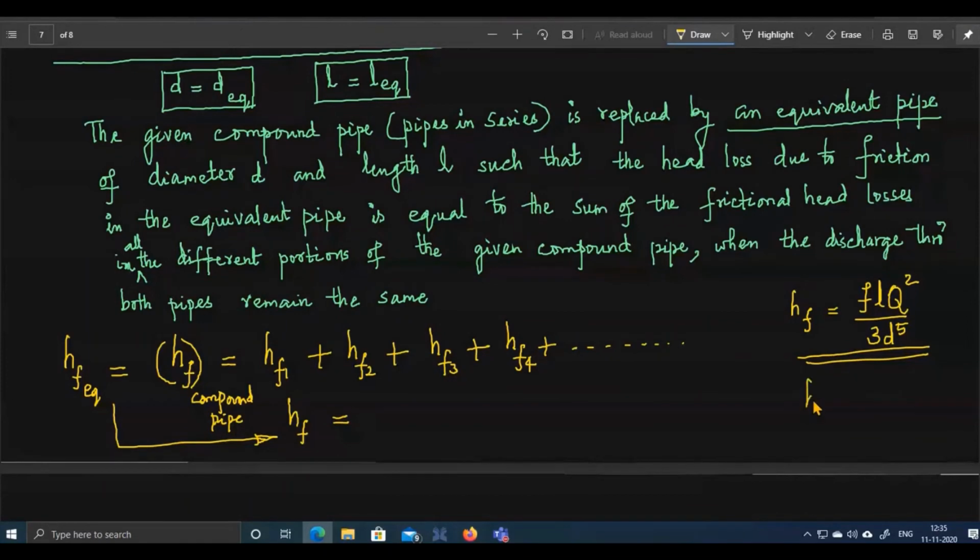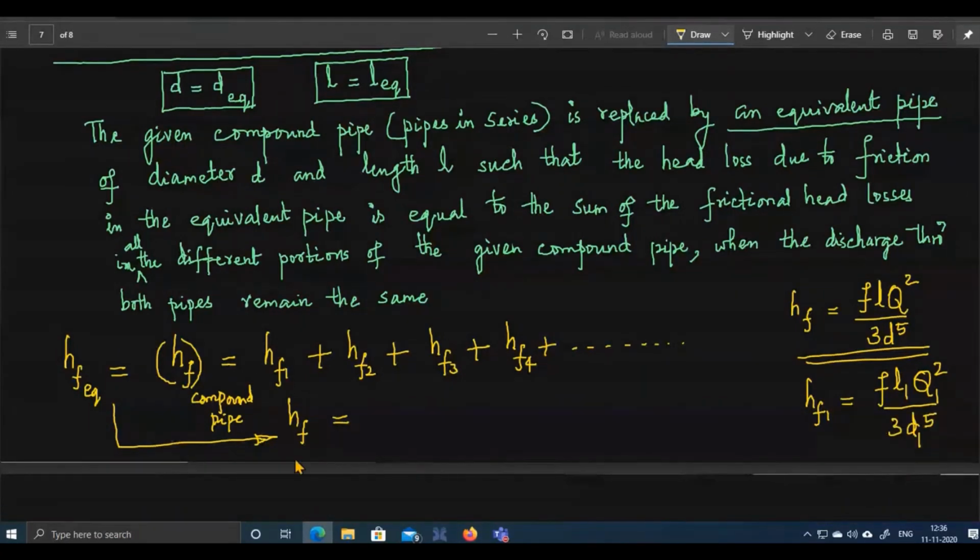Then HF1 will be, in the compound pipe, the first portion. What is that? fL1 Q1 square. For the time being, you write Q1 square. You know that later on Q1 is equal to Q2 is equal to Q3 and so on. But for the time being, write fL1 Q1 square divided by 3 times diameter D1 raised to 5.